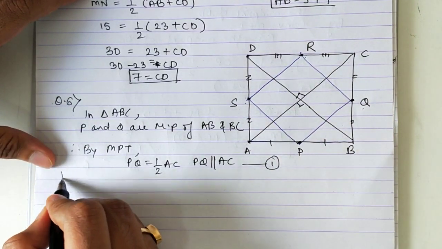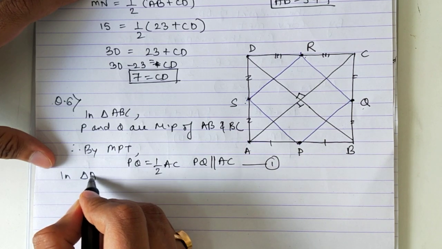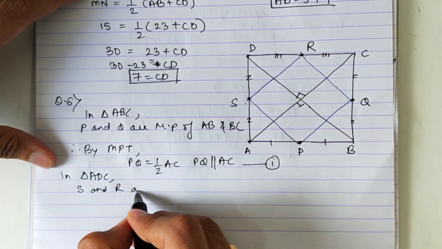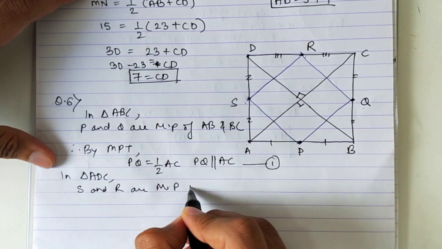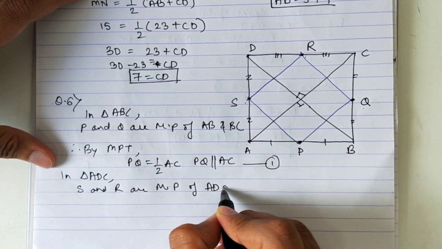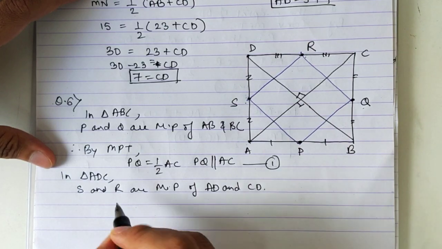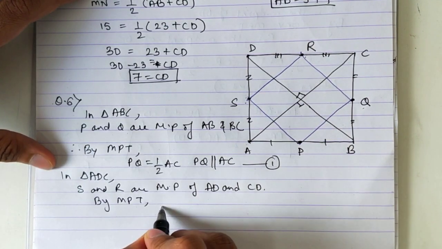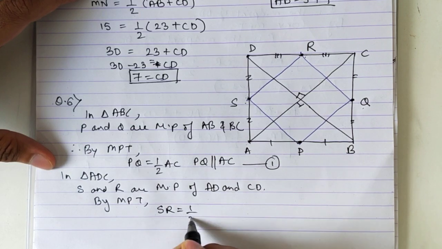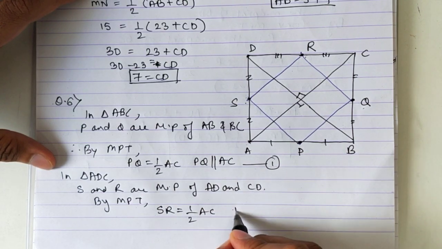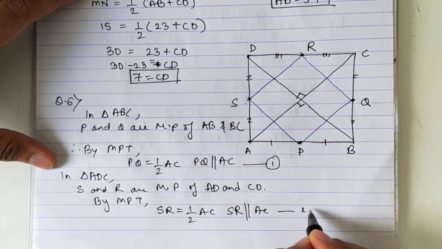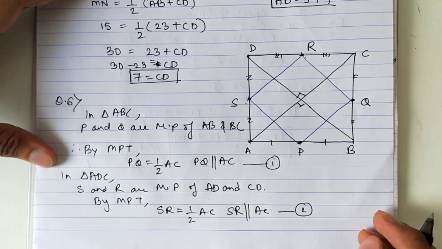So in triangle ADC, S and R are midpoints of AD and CD. So by midpoint theorem, SR is half of AC and SR is parallel to AC. Correct?